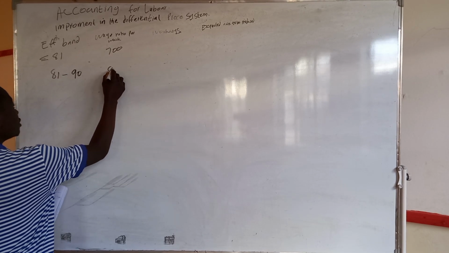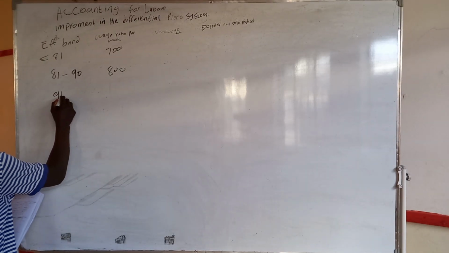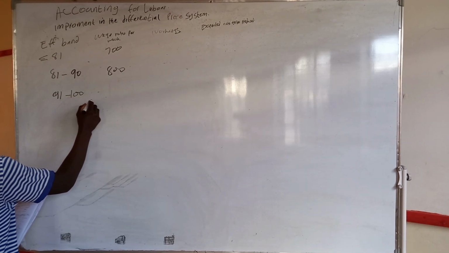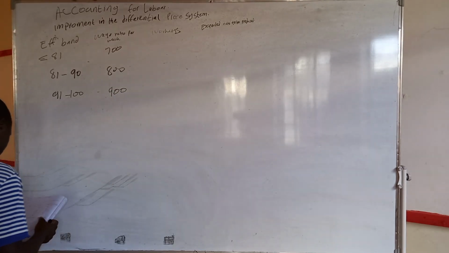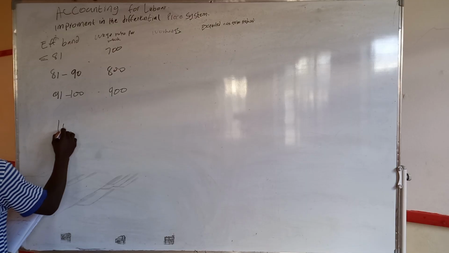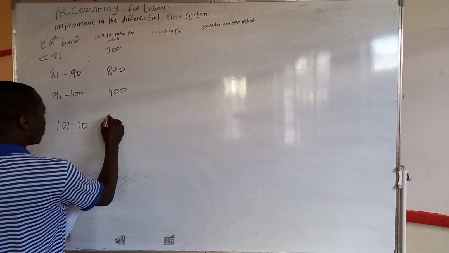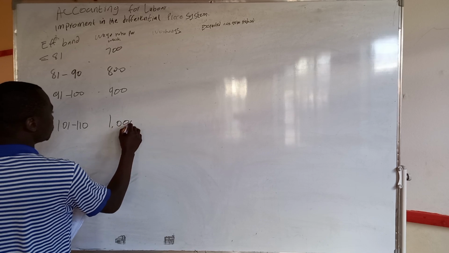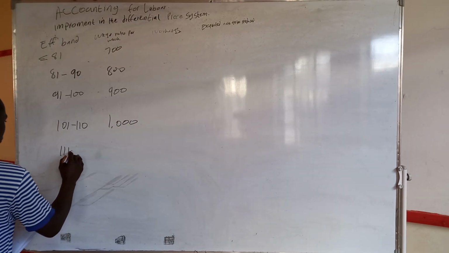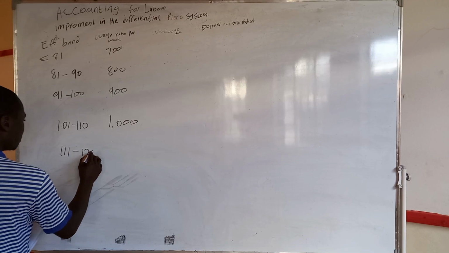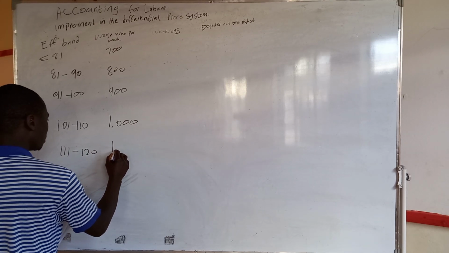The wage rate is 800. 91 to 100, the wage rate is 900. 101 to 110, we have 1,000. 111 to 120, the rate is 1,100.